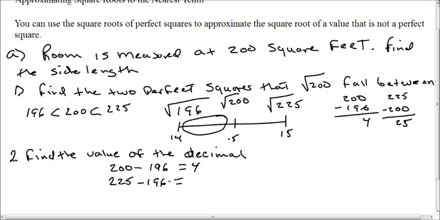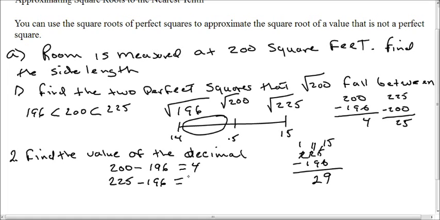So I'm going to subtract 225 minus 196, and that is 29.